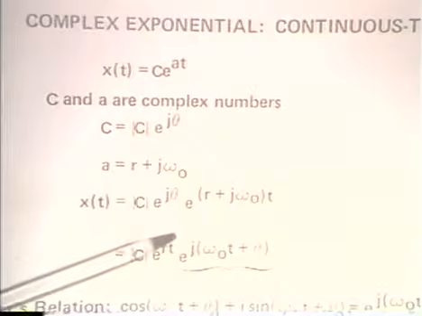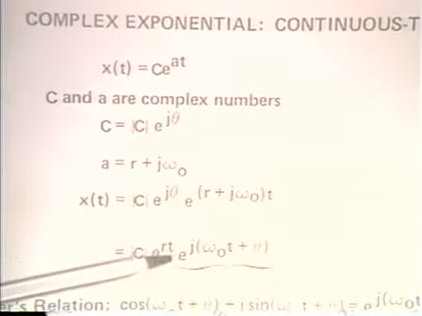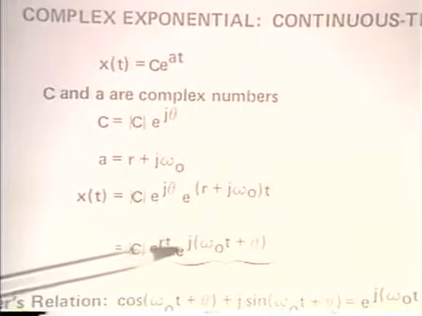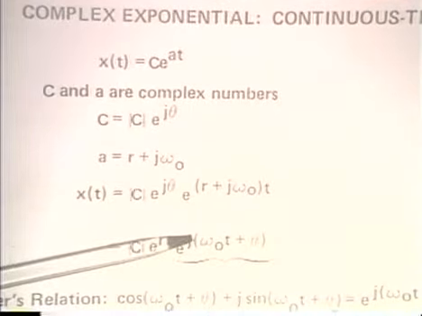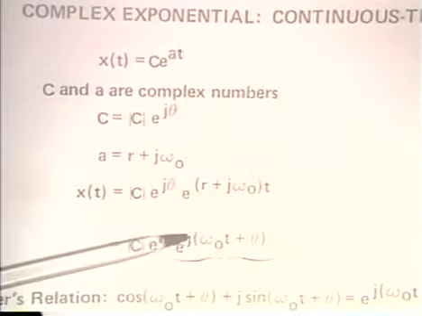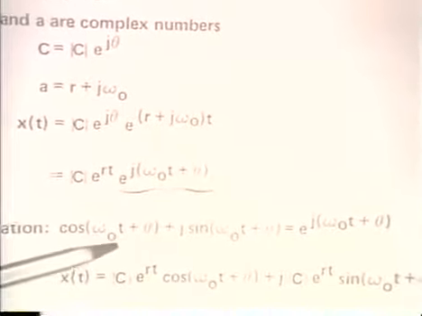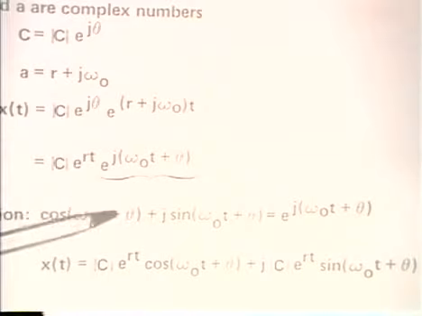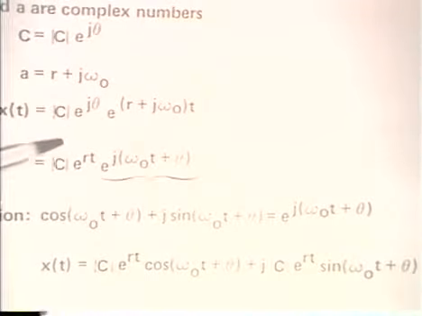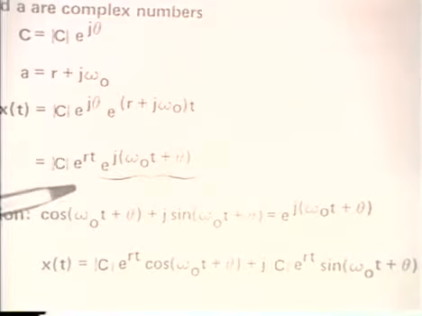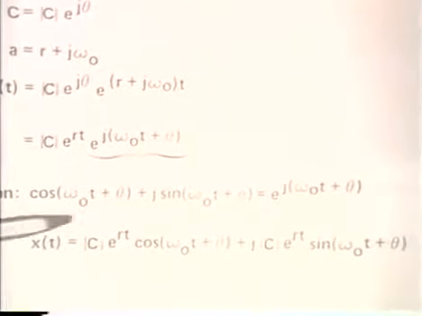So following this further, an exponential of this form, e to the j omega, or e to the j phi, using Euler's relation, can be expressed as the sum of a cosine plus j times a sine. And so that corresponds to this factor, and then there is this time-varying amplitude factor on top of it. Finally, putting those together, we end up with the expression that I show on the bottom.